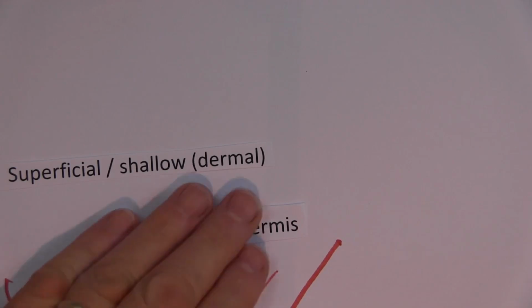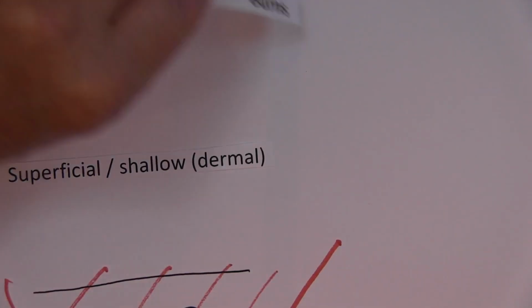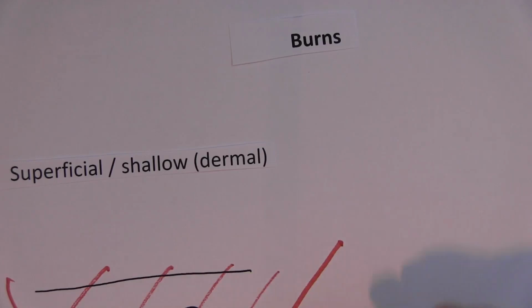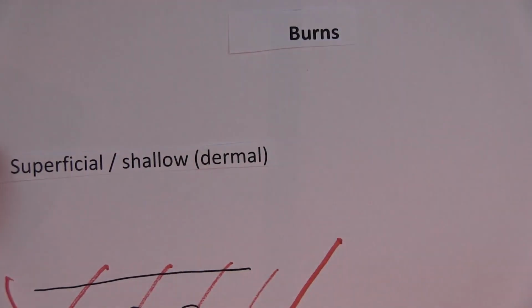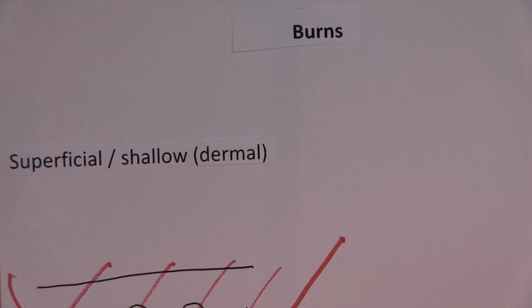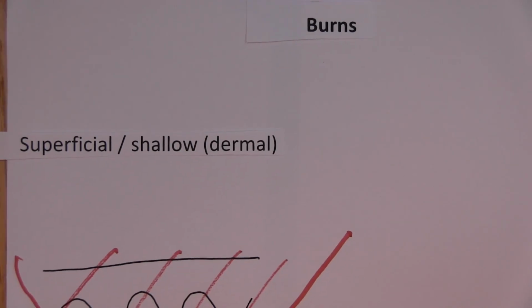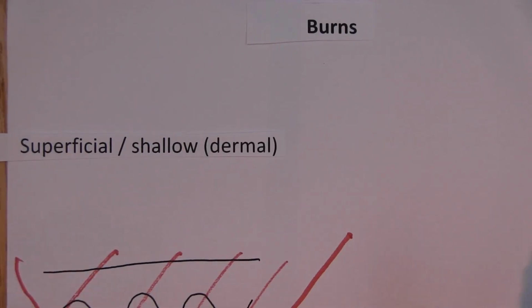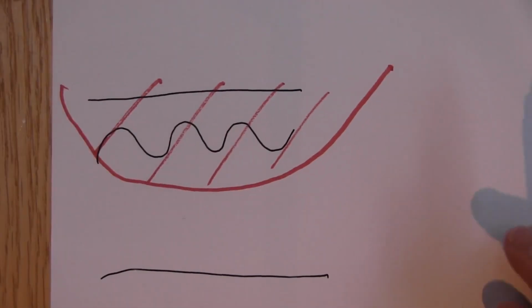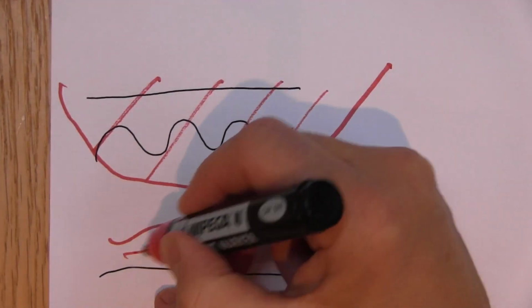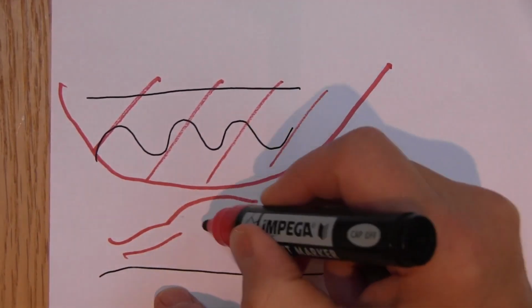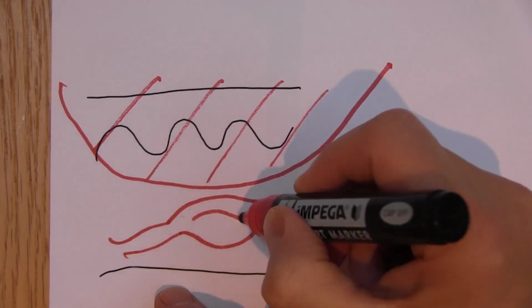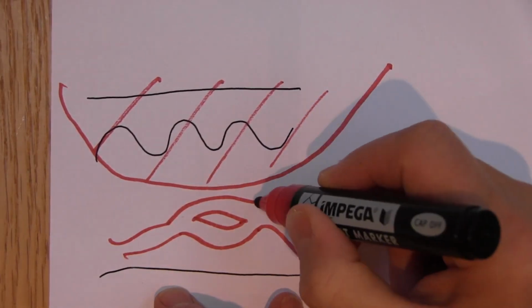So how might we recognise burns of this nature? Talking about superficial or shallow dermal burns affecting the superficial parts of the dermis. Well, we know that in the dermis there's lots of small blood vessels, arterioles, capillaries, millions of capillaries, venules.